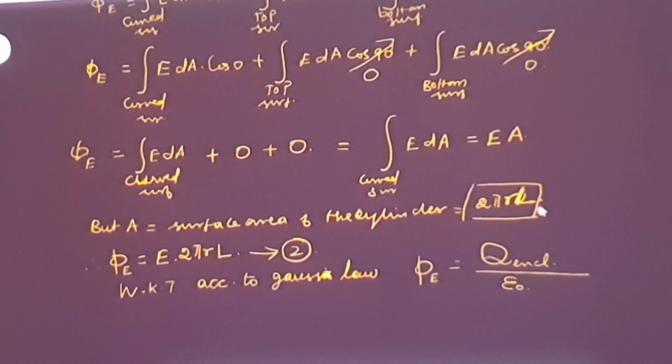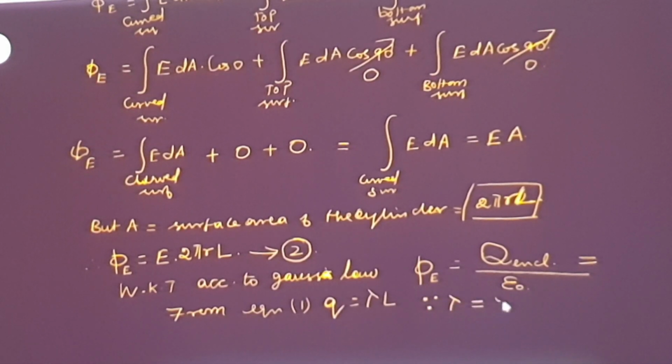The charge available for that length should be known. We have written it in equation 1. So from equation 1, Q equal to lambda into L, since linear charge density lambda is equal to Q divided by L.